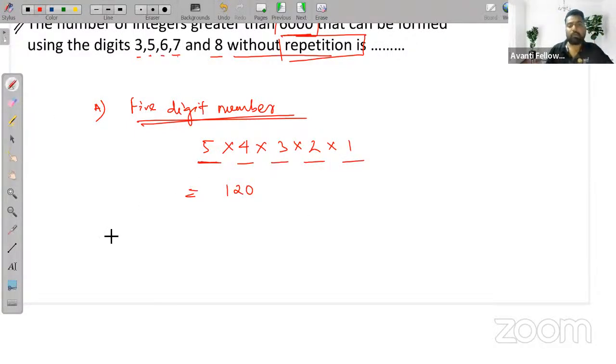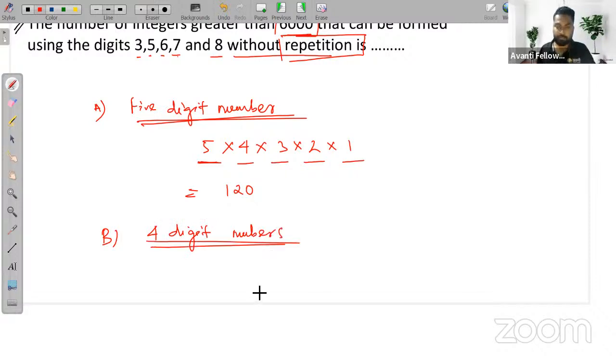Second, we need to find the 4-digit numbers. So what is the answer? Try to find the answer. For the second case we have 4 places, right? And for the first place, how many options do we have?